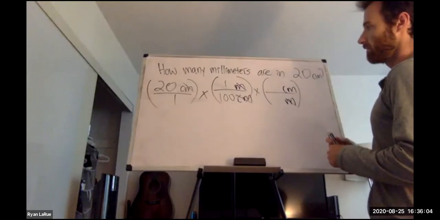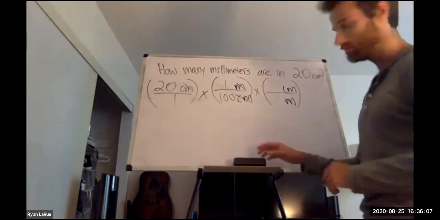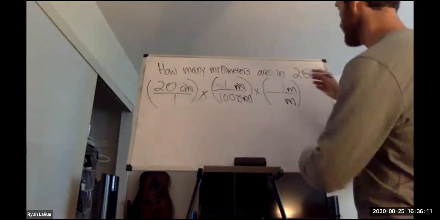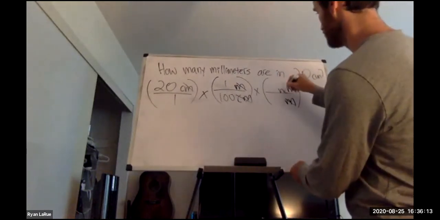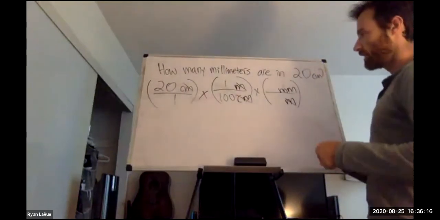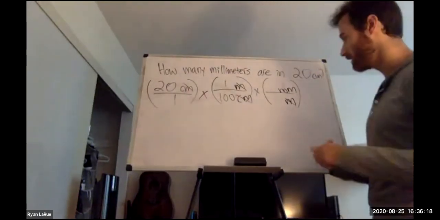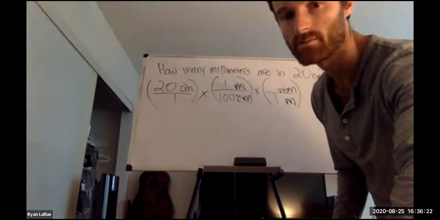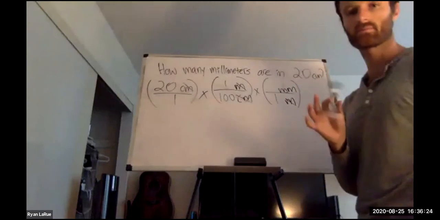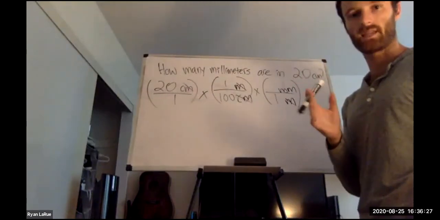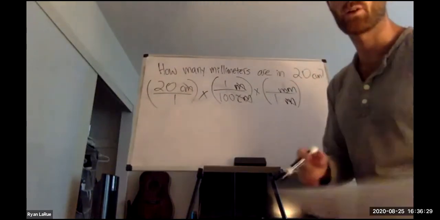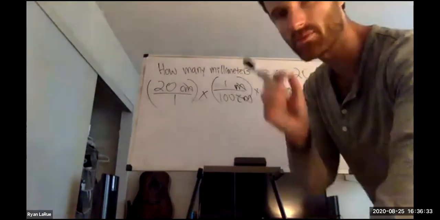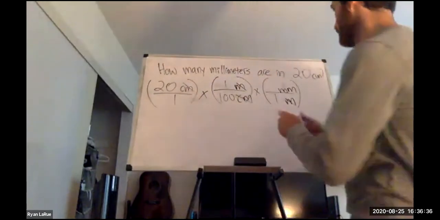Oh, I'm sorry, I said centimeters. Oops, my bad. Going to millimeters, right? We started in centimeters. How many millimeters are in 1 meter? You're going to get this table so you'll know it has it all here. 1,000, yeah. Millimeters are very small. There's 1,000 of them in 1 meter.